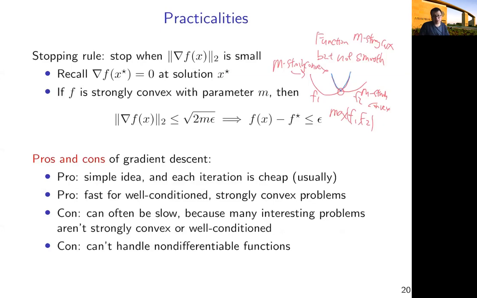We are using capital L to be consistent with the idea of gradient Lipschitz. And the lowercase m denotes the smallest eigenvalue of the Hessian everywhere, so that would be the strong convexity parameter.